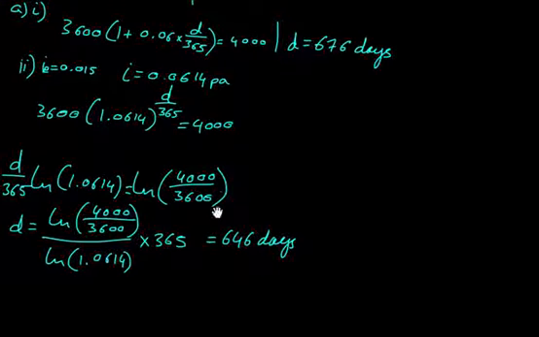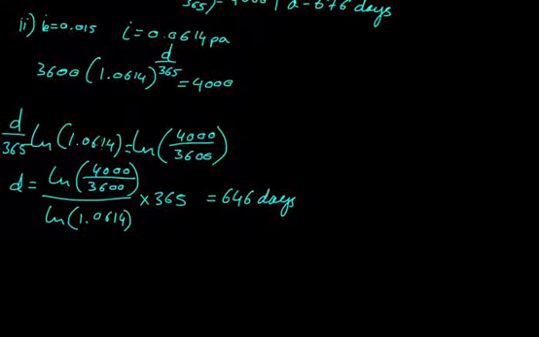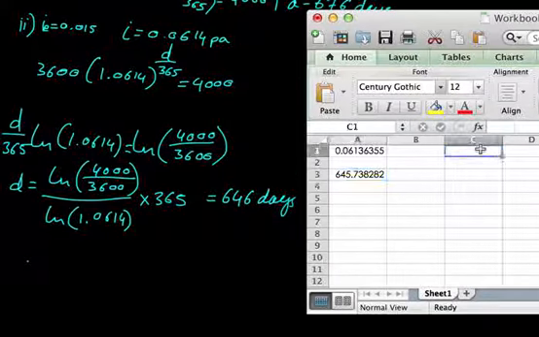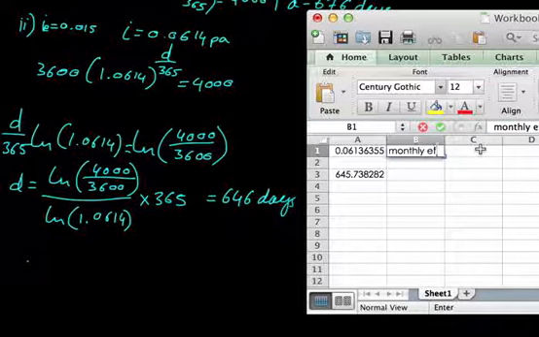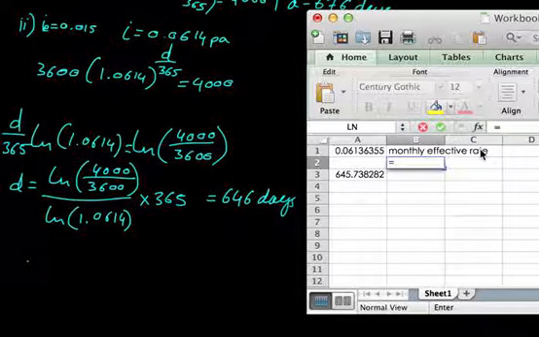And the third bit is a compound rate of interest, 6% per annum, convertible monthly. So it's basically the exact same thing, but instead of this bit over here, we're going to have a new effective rate. We can work out that the monthly effective rate is 0.06 divided by 12.